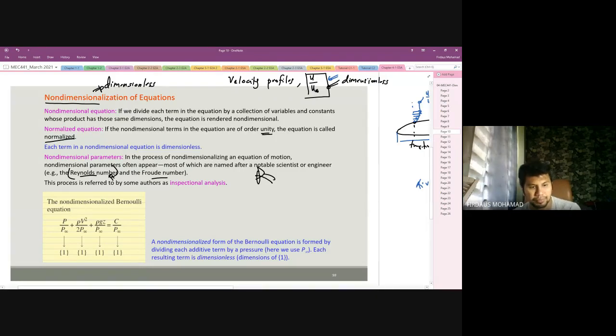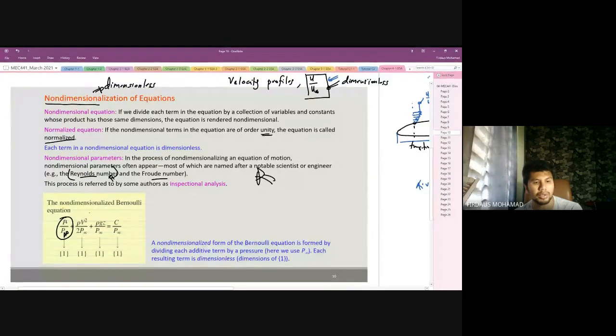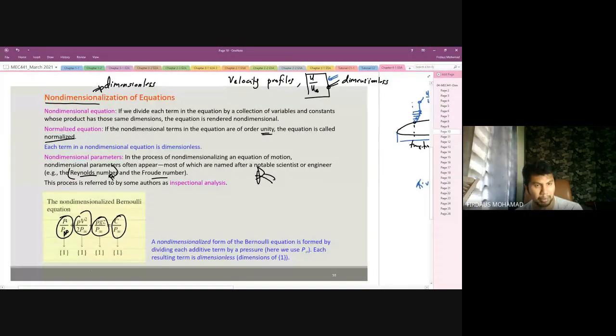Ni contoh. Kalau P bahagi dengan P reference, semua bagi dengan P reference, yang ni kita akan dapat all the terms are now non-dimensional ataupun dimensionless.